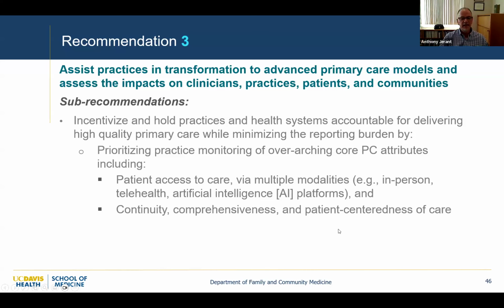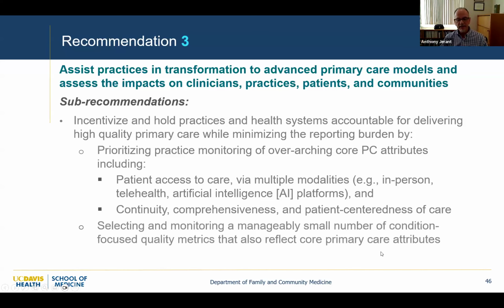To the degree that we pick disease-focused quality metrics, which is where most of the focus has been lately, usually with like 7 different health plans or more that the practice contracts with, all of which have their own long laundry list of these quality metrics, which may or may not actually reflect important outcomes, but more like lab tests, or did you have this discussion about something that may or may not actually be very firmly evidence-based.